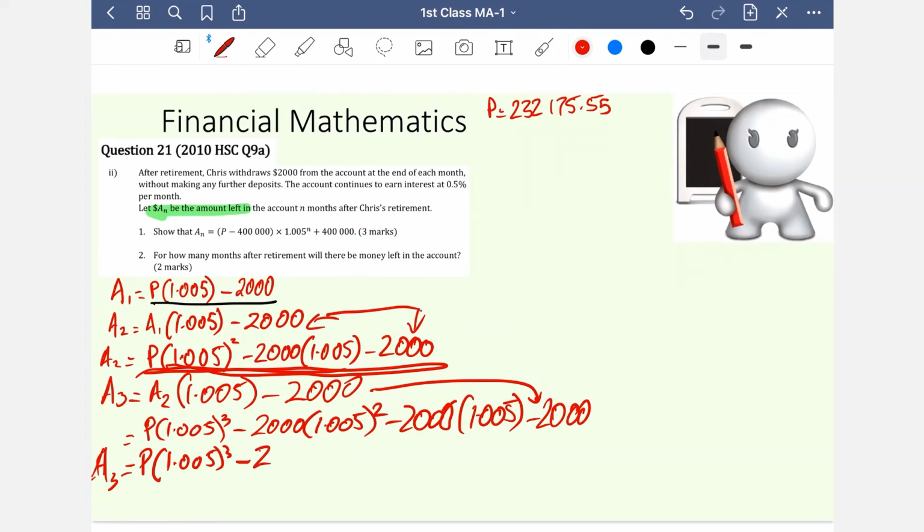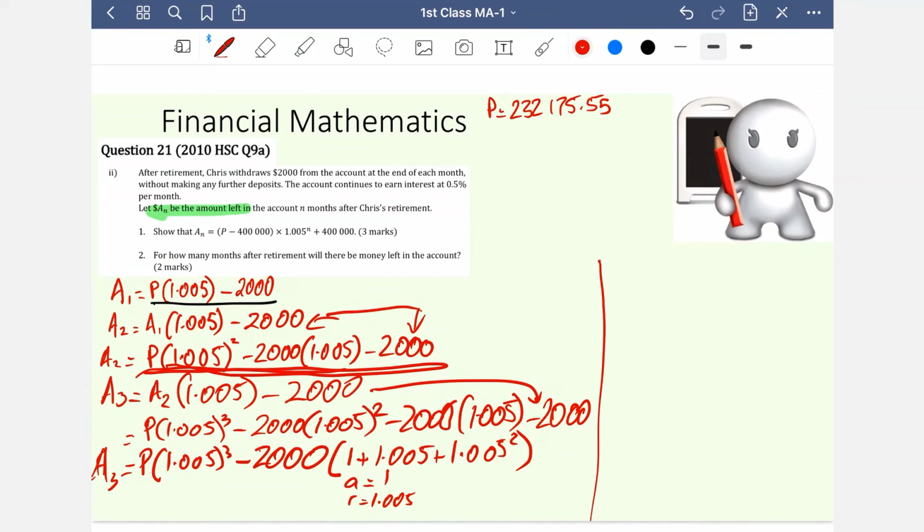Now I'm going to take out a factor of negative 2,000, and then reverse the order, so what I will have is 1 outside of 1.005 and 1.005 squared. Now that's going to give me, once again, a GP where a is equal to 1, r is equal to 1.005, and n, well, we'll see what n is equal to.